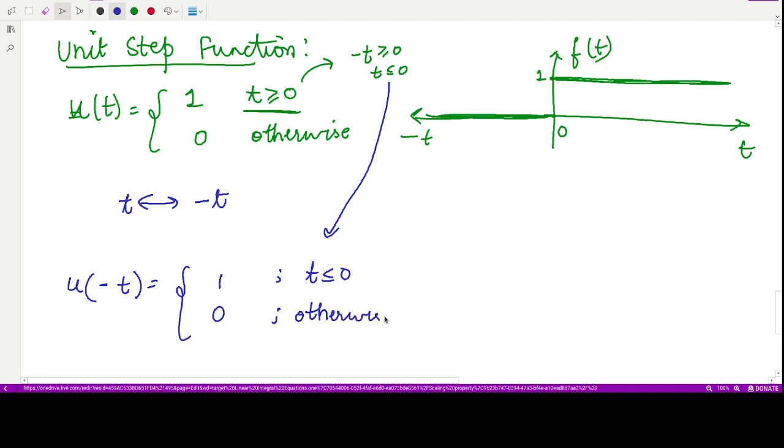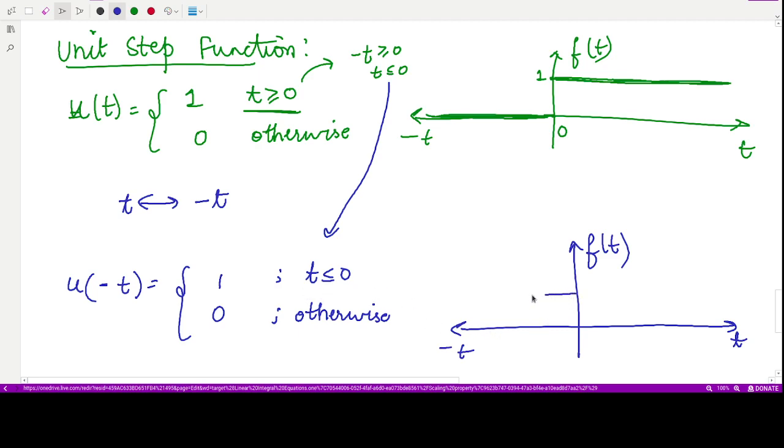So when you draw this function over here, this is the function's axis, this is the time axis, right? Whenever t is less than or equal to 0, the function's value is equal to 1. So this is 1 here, and otherwise the function's value is 0. When you look at this function, this is u of minus t, and this function is u of t. When you make a comparison among these two, you can see that one is the mirror image of the other when you put the mirror in the vertical direction.